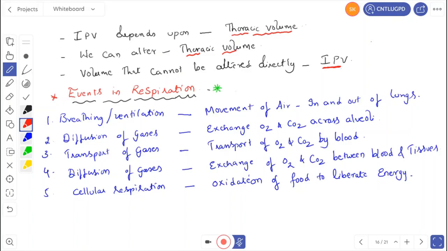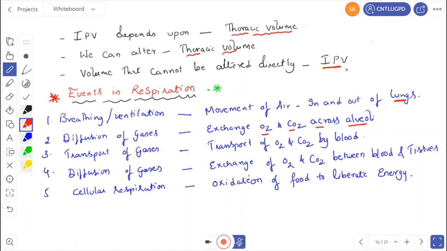Now let us see what are the events in respiration. You have to remember, I told you in the class also. These events you have to write in sequence. This is one of the important questions. They'll be asking you in sequence. Breathing or ventilation: the movement of air in and out of lungs is called breathing. Diffusion of gases: exchange of oxygen and carbon dioxide across alveoli.